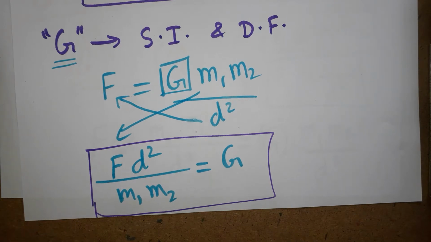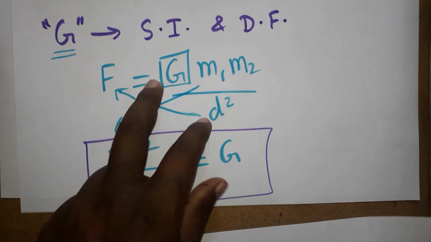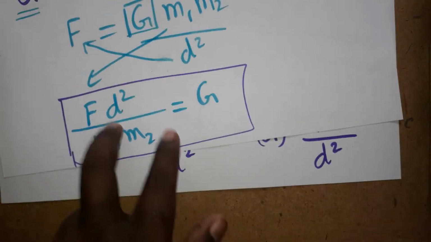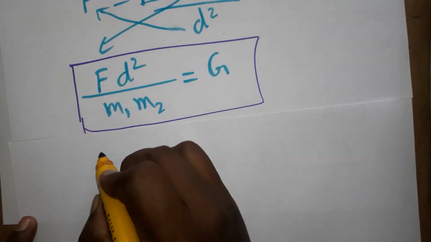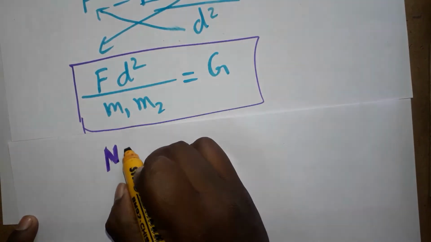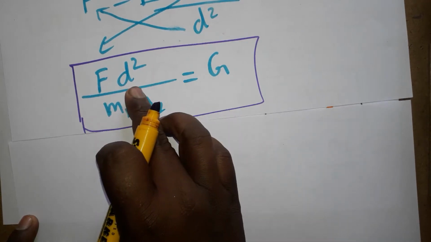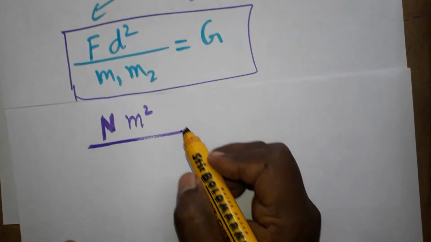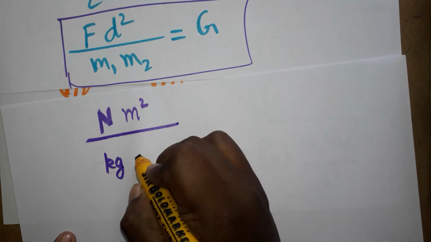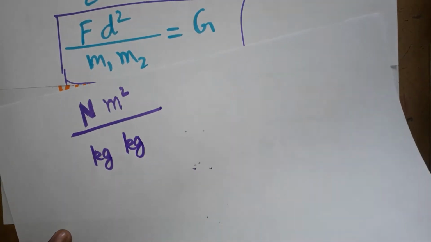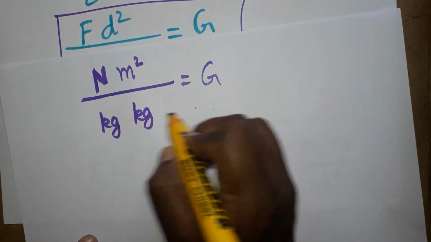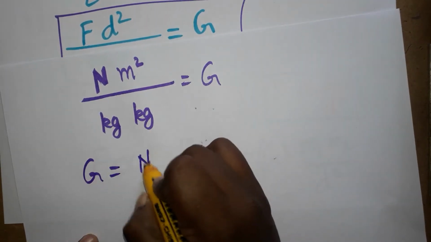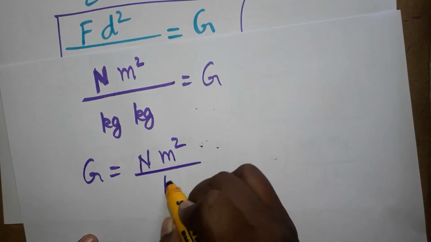Now I am going to find the SI unit and dimensional formula for the universal gravitation constant. The force unit is the Newton, and distance is measured in meters. Mass is in kg, and again mass is kg, so we get kg square. So the SI unit of capital G will be Newton meter square divided by kg square.